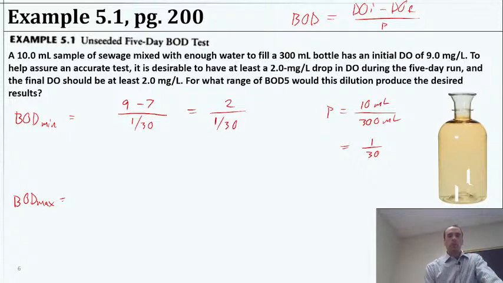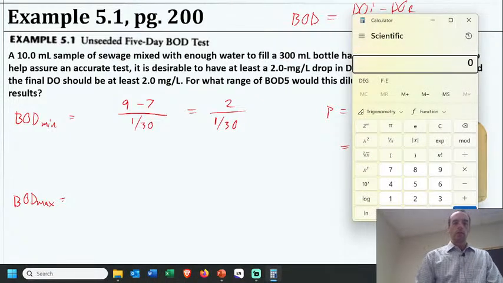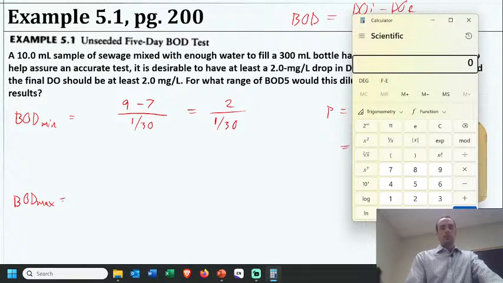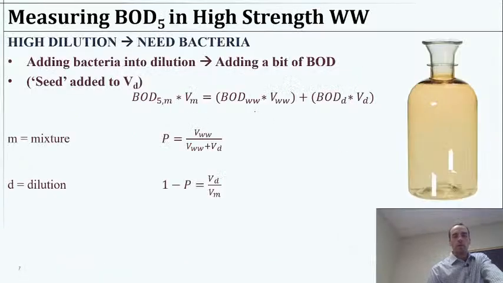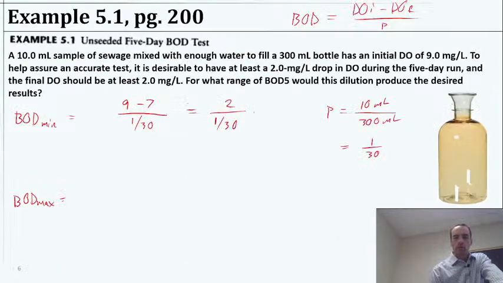In either case, that should really just be 2 times 30, essentially? Don't need a calculator. So that should be 60 milligrams BOD per liter.